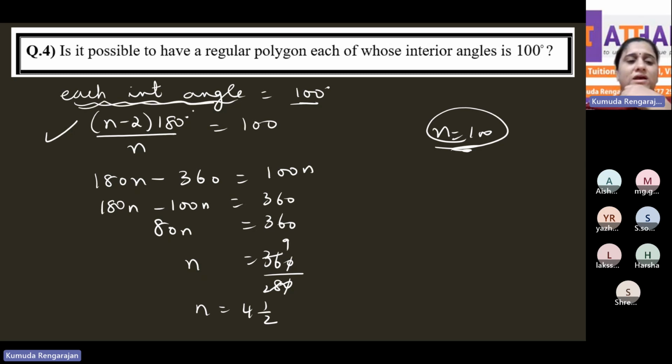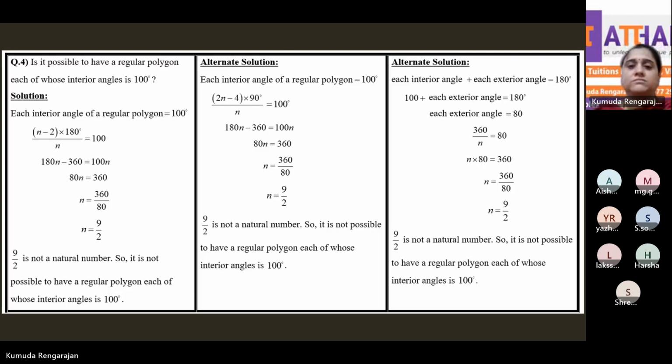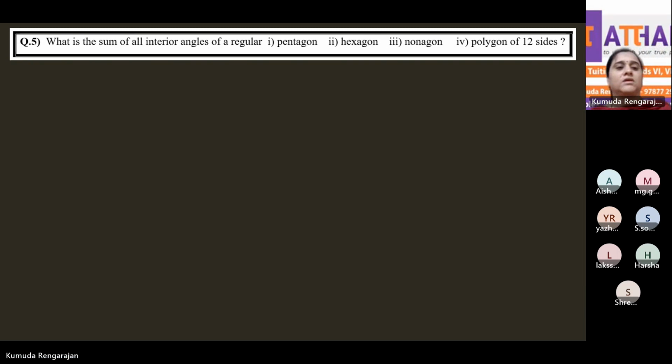Each interior angle formula, n minus 2 into 180 by n, that is equal to 100. Finished?